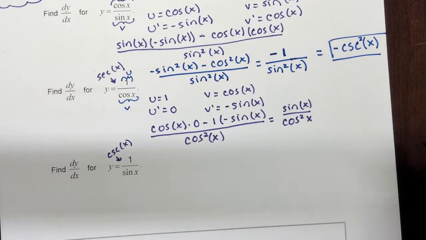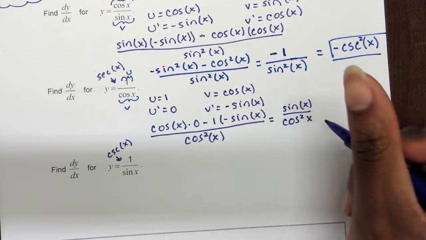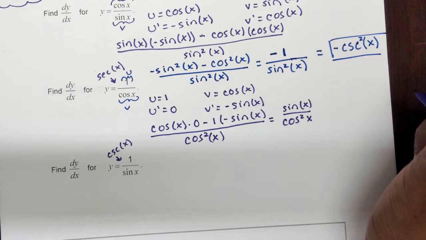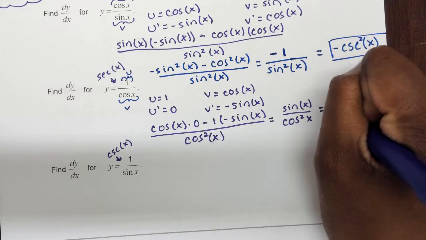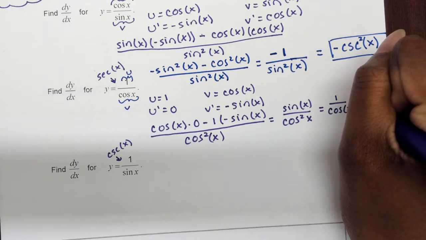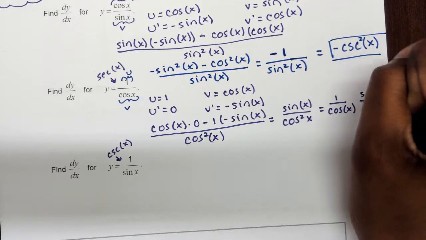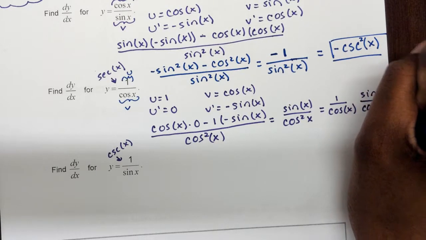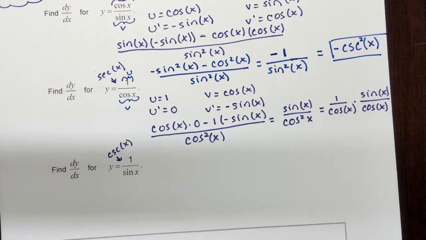Cosine squared x means cosine times cosine, so we can split this fraction into 1 over cosine times sine over cosine. If you multiply those two fractions, you get sine of x over cosine squared of x.